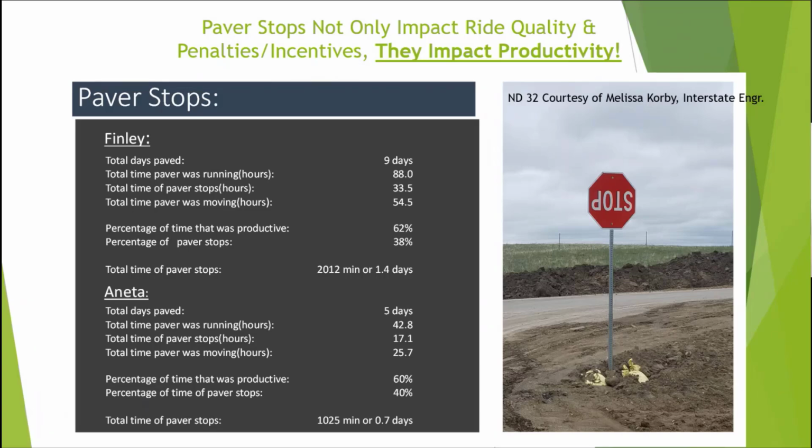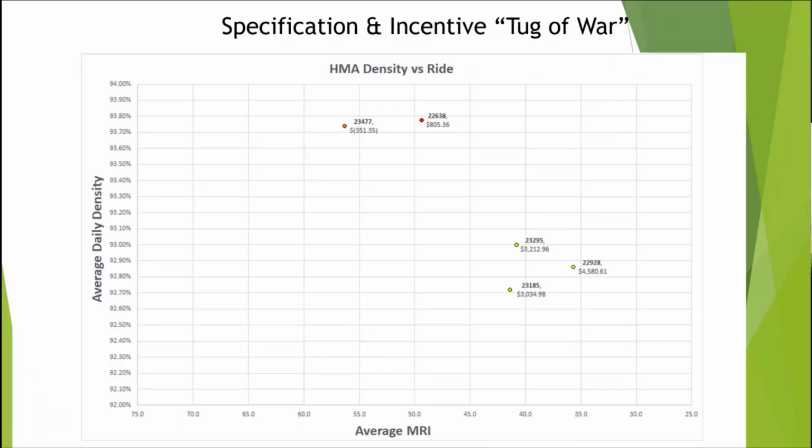But if your goal is to get good ride and good density, the best place to start is to keep that paving continuous and eliminate as many stops as you can. If you have to stop, which you do sometimes, short stops are much better because they create less of a bump, number one, but they keep the thermals, the temperatures, more consistent.